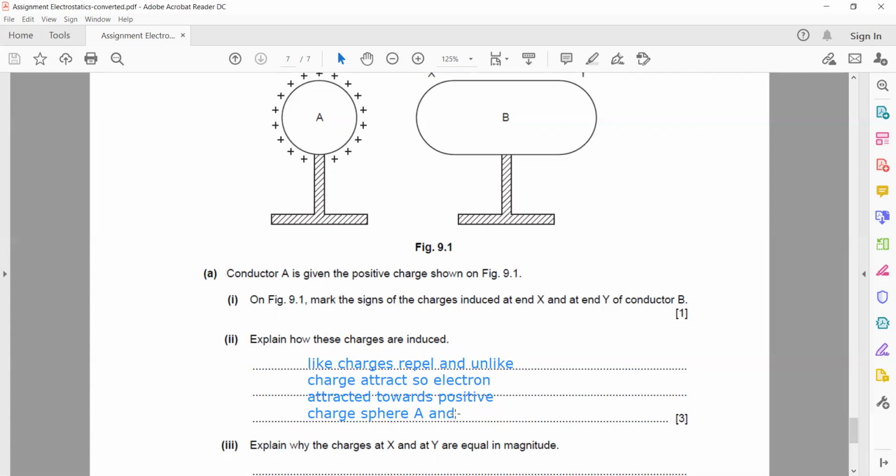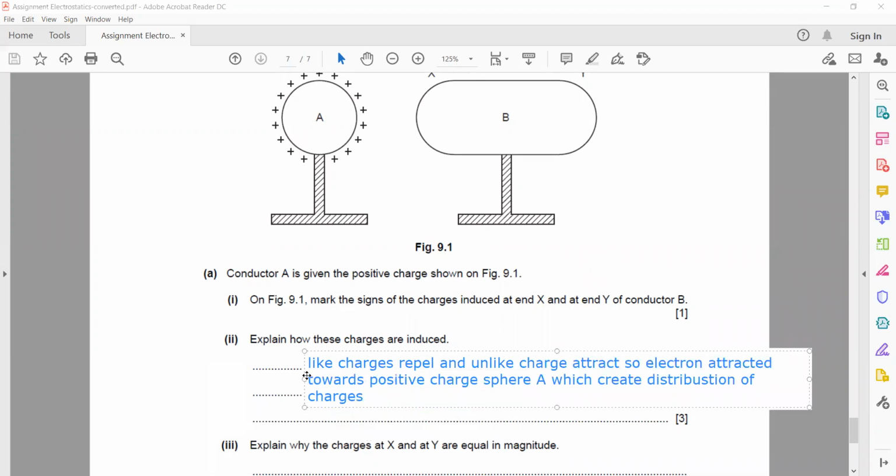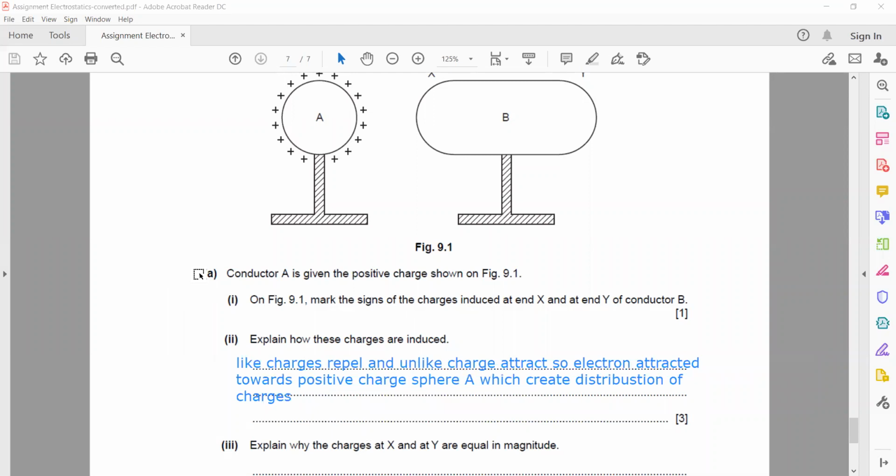As these electrons are attracted towards the positive charge sphere, this creates a distribution of the charges. Because it is obvious, if electrons are moving towards one side, the other side will be positive.